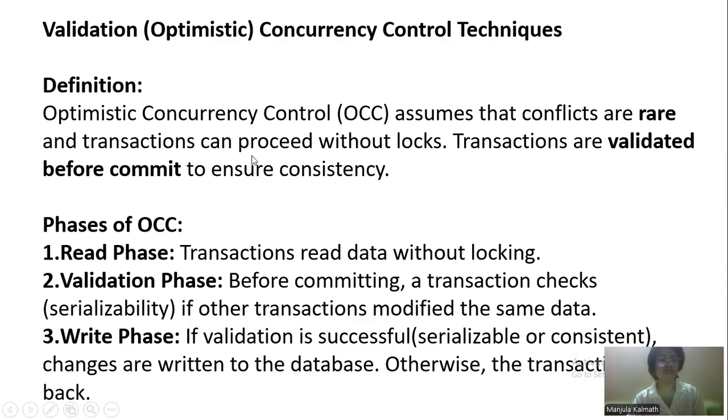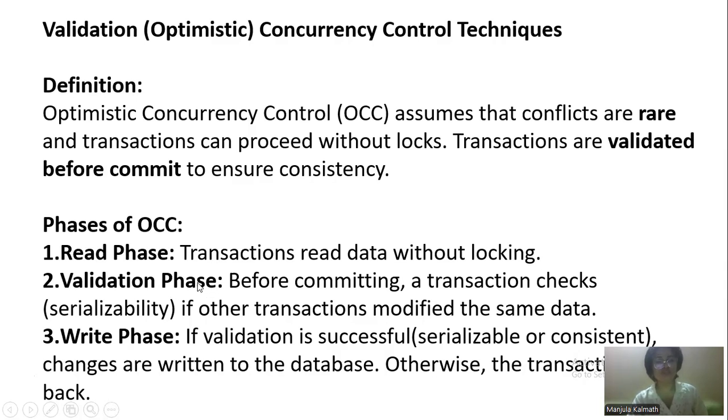After execution, when it completes, those values are required to be written to the database. That is the commit operation it has to take. Before committing, one more phase comes, the validation phase.